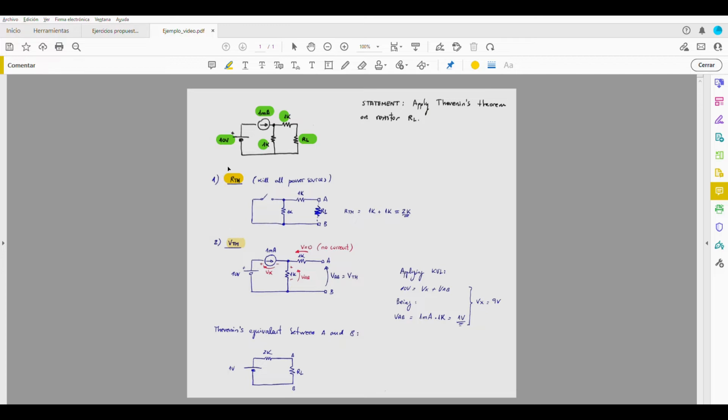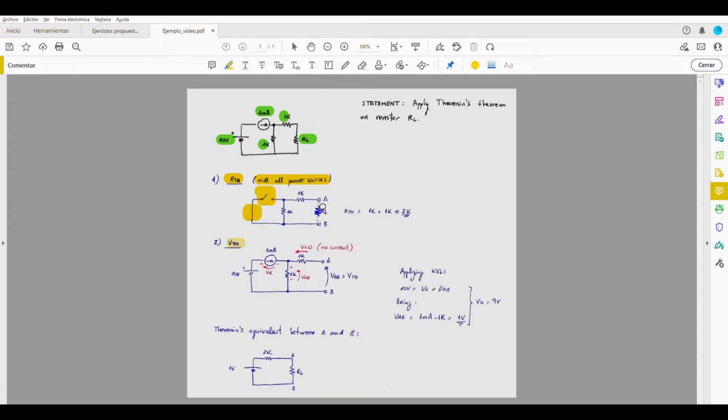It doesn't matter. I will start with the Thevenin's resistance because it's usually easier, and to do that we just have to kill all power sources, meaning that we have to short circuit the voltage source and open the circuit in the current source and leave the rest of the elements in the circuit.